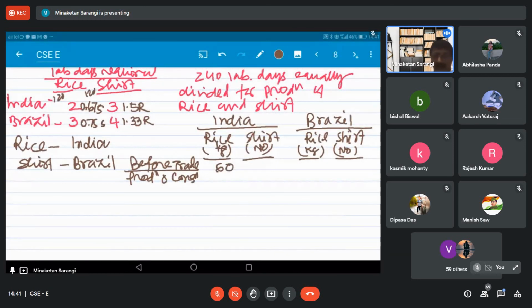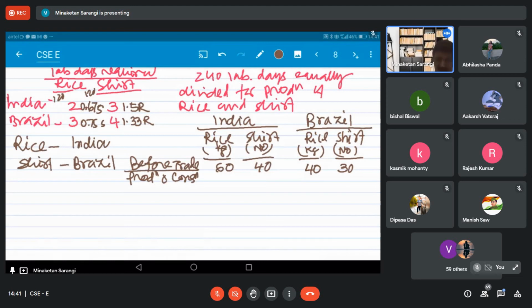Using 120 labor hours, India can produce 40 sats and consume also 40 sats. For Brazil, Brazil will produce and consume 40 kg of rice and 30 number of sats.